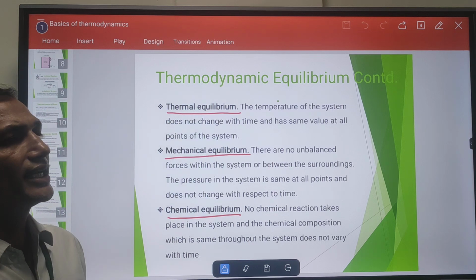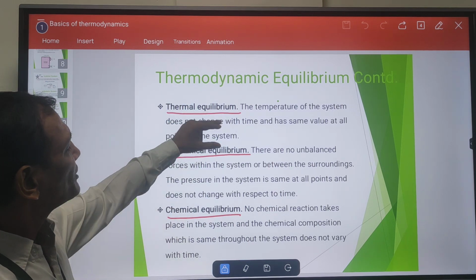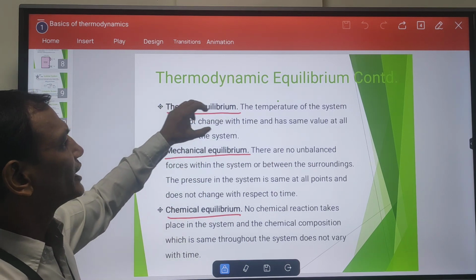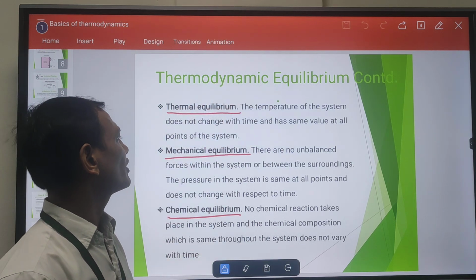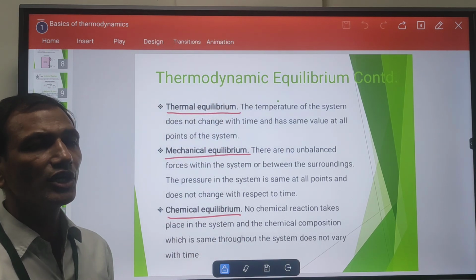Thermal equilibrium: equilibrium means same, and thermal means heat. The temperature of the system does not change with time and has the same value at all points of the system. This is called thermal equilibrium.